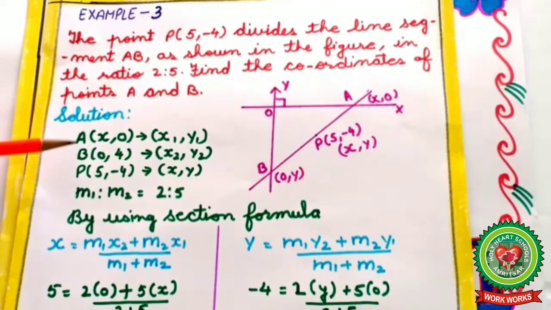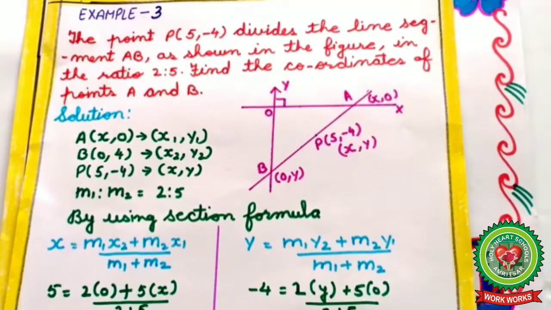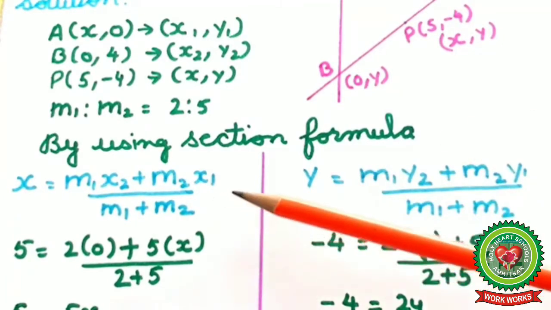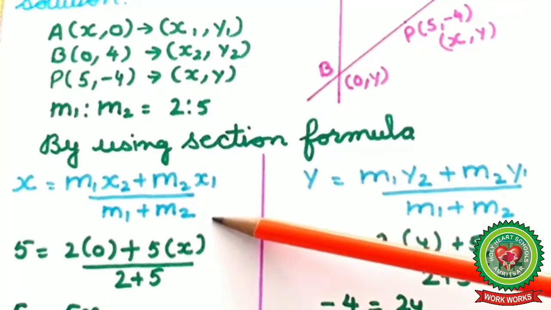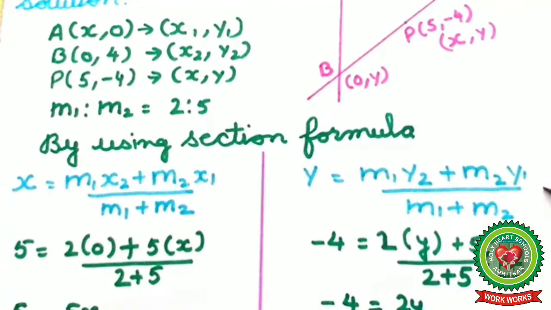x1, y1, x2, y2, x and y, and the ratio is given now. By using the section formula, x equals (m1 x2 plus m2 x1) upon (m1 plus m2), and y equals (m1 y2 plus m2 y1) upon (m1 plus m2).